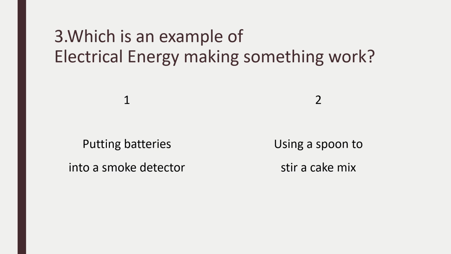This can be my answer because electrical energy does come from a power source just like the batteries. Example 2 says using a spoon to stir a cake. That will be considered mechanical energy. Stir. It's a movement. Therefore, my answer is 1.